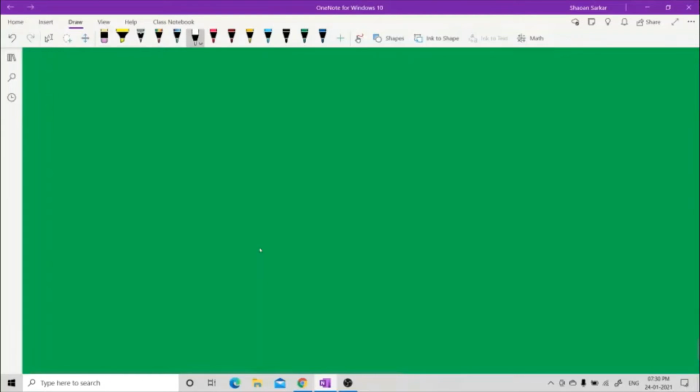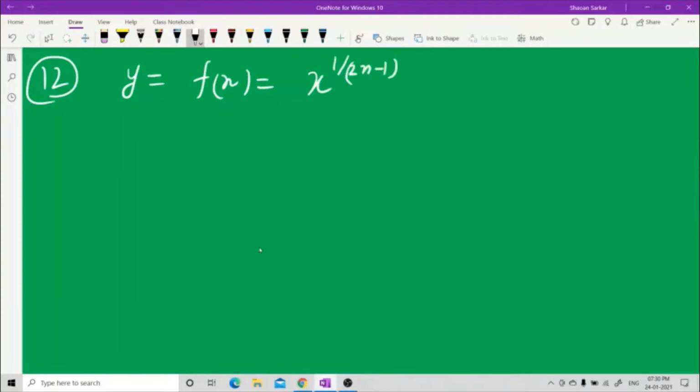The 12th one is y equal to f(x) equal to x to the power of 1 upon 2n minus 1. When n equal to 1, we have y equal to x to the power of 1 by 3, that is, the cube root of x.